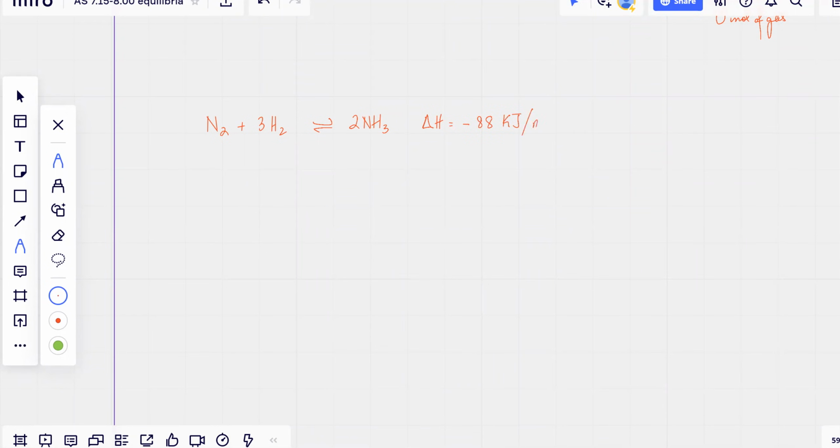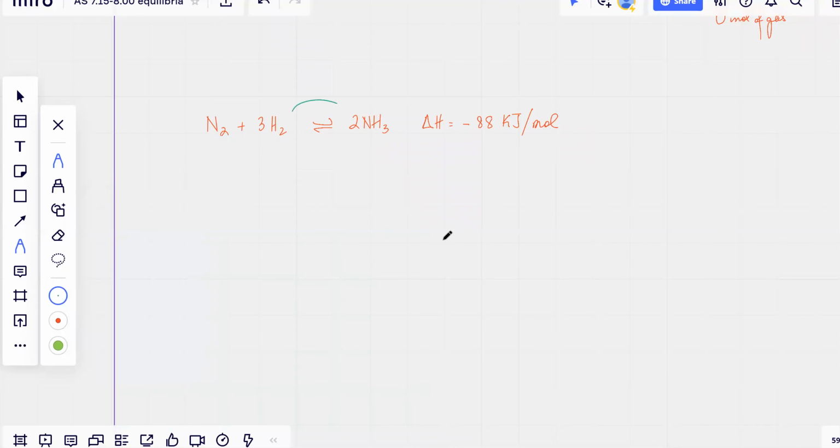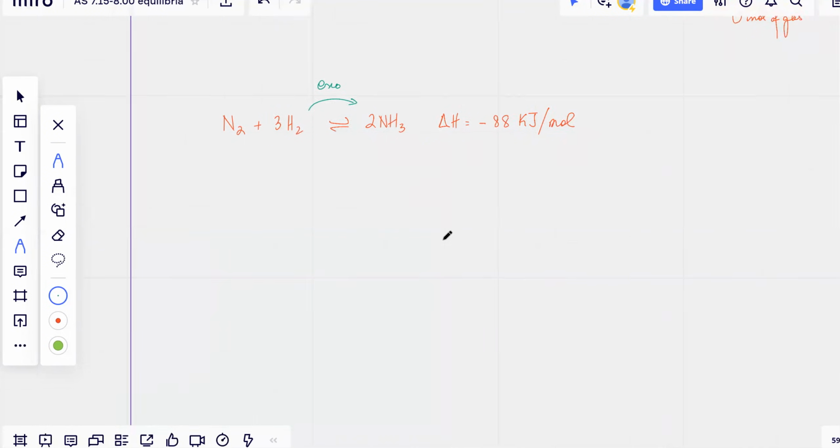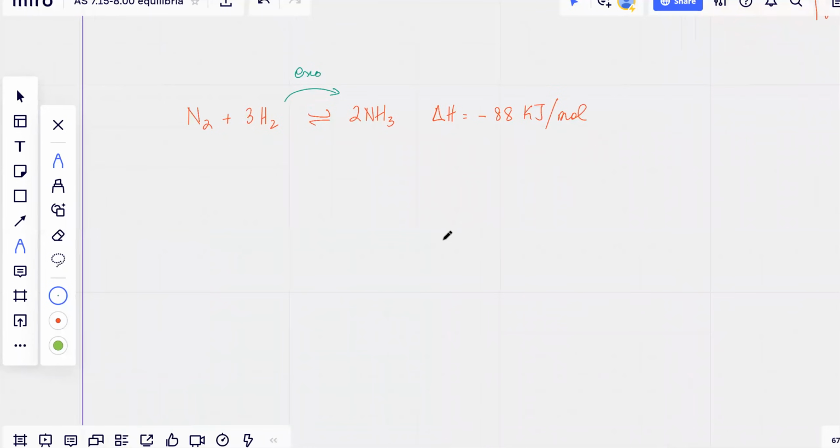That indicates that the forward reaction is the one that's exothermic, and your backward reaction is the one that's endothermic. The backward reaction is always going to be the exact opposite. So you have this reaction.